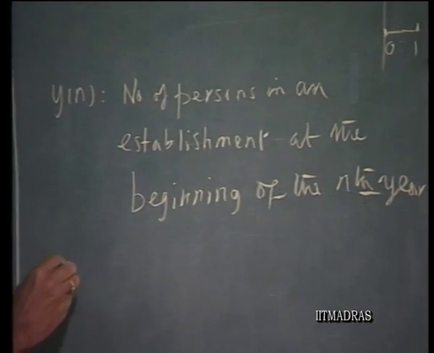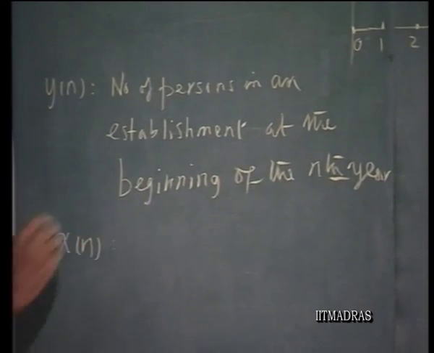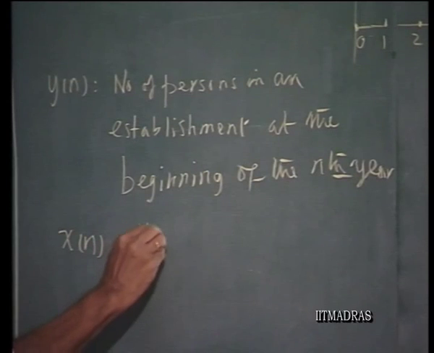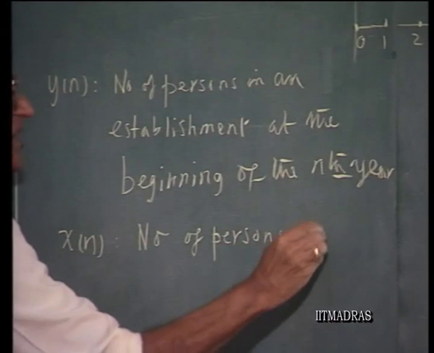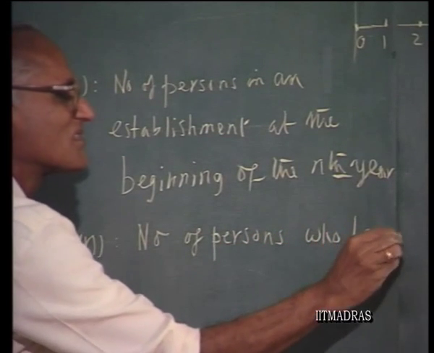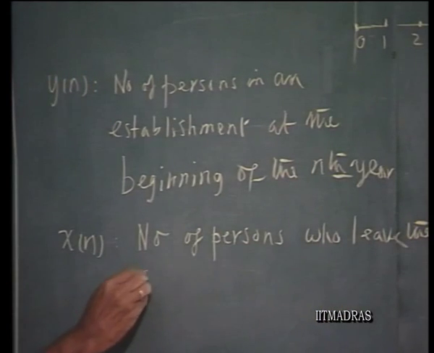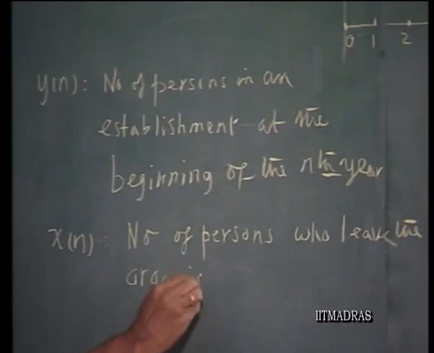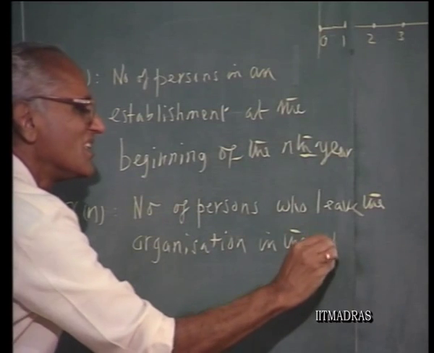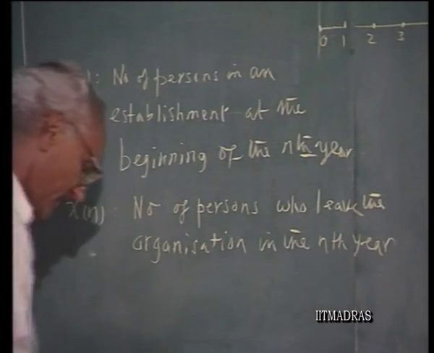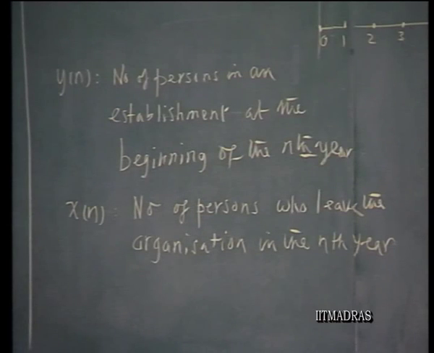Let me take xn as the number of persons who leave the organization in the nth year, either they retired or left for other jobs or died, whatever the reason might be. xn is the number of persons who leave the organization in the nth year.